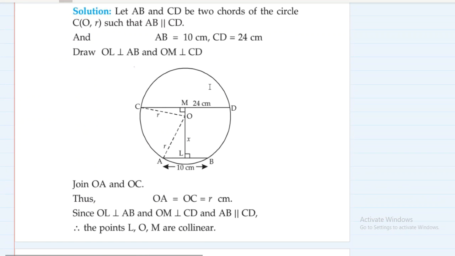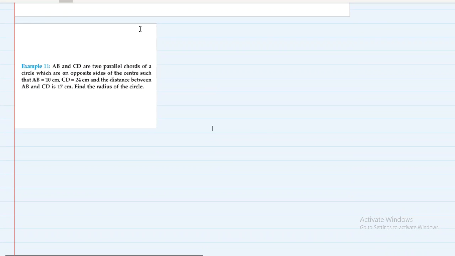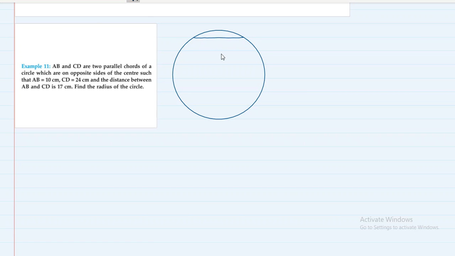Question number 11. AB and CD are two parallel chords. Okay, so this is the diagram. Let me draw it while reading the question. AB and CD are two parallel chords of a circle which are on opposite sides of the center such that AB is 10 centimeter and CD is 24 centimeter.